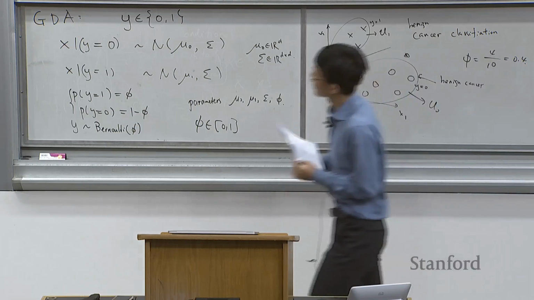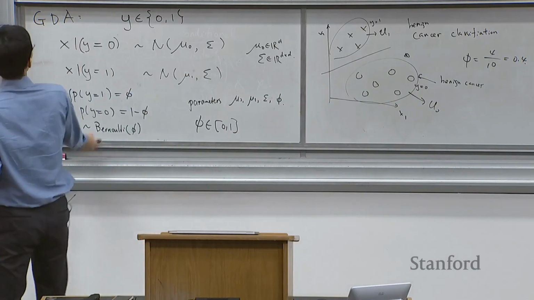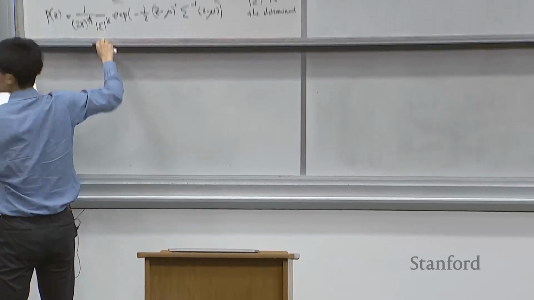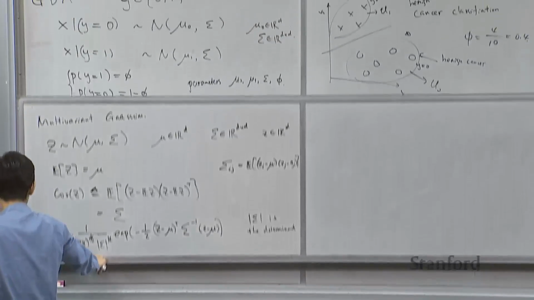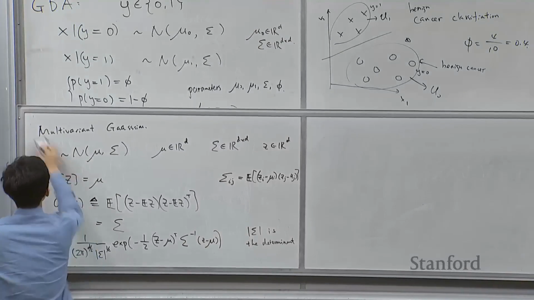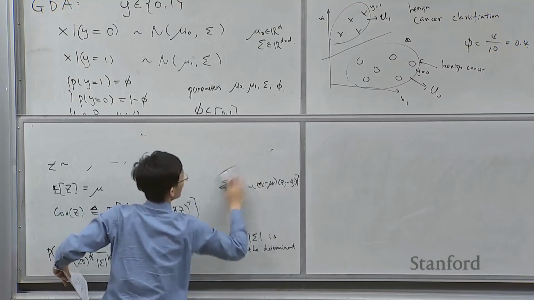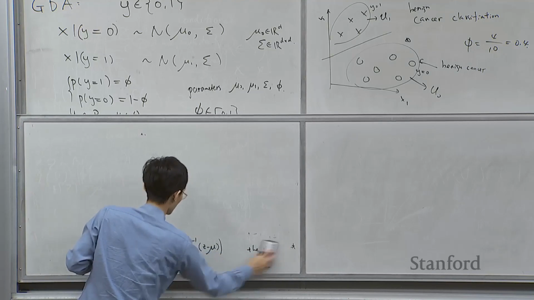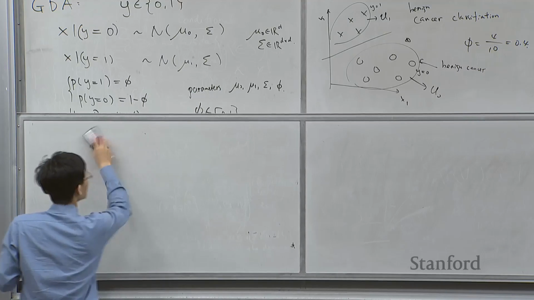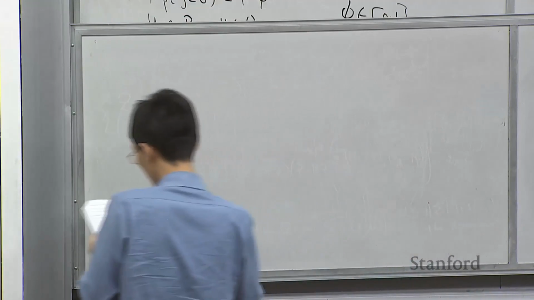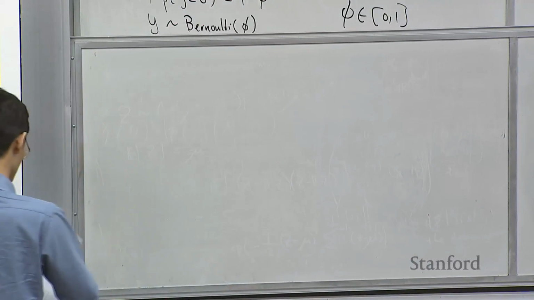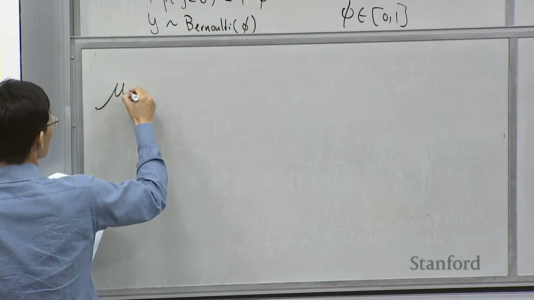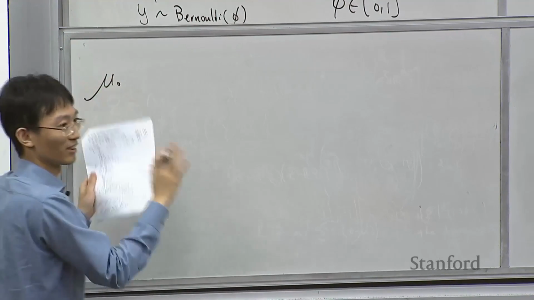Okay, cool. I'm going to continue with telling you the solution of this MLE. mu0, this is mu, not the u.